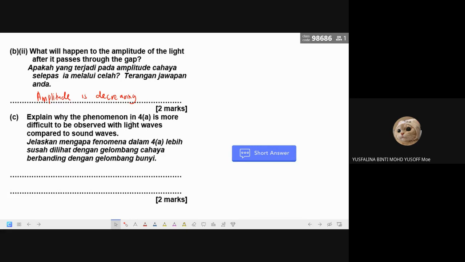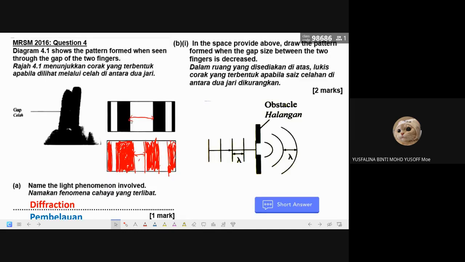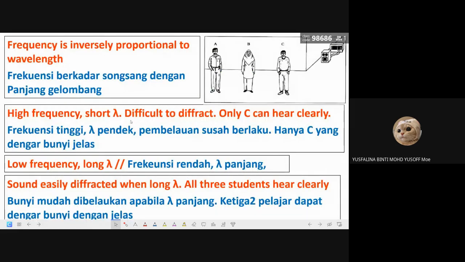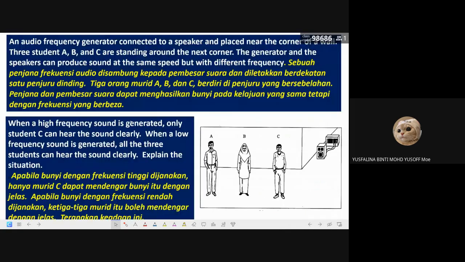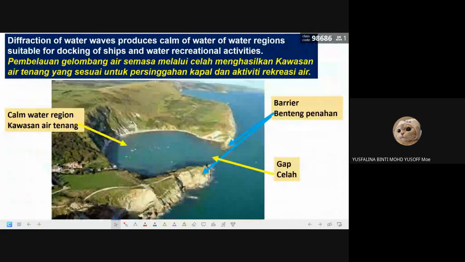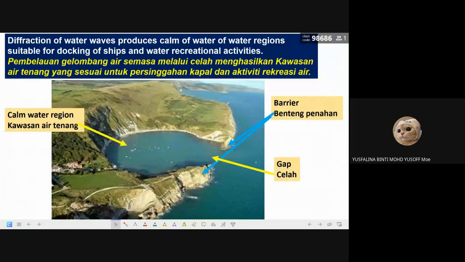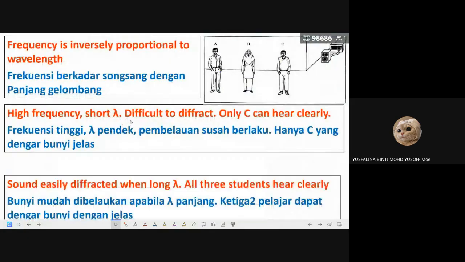Okay, remember I said this, diffraction of light, diffraction of sound. So the difference between the sound and the light is because of the wavelength.